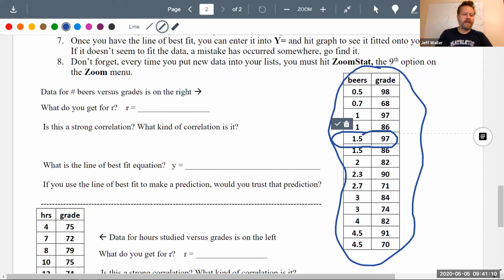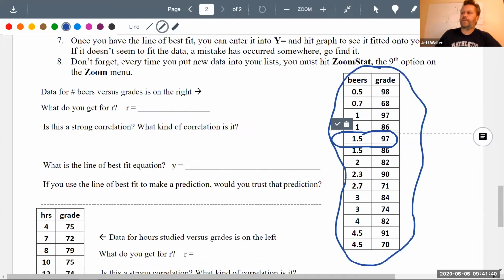So if I just hit that one, let me get that out of there so it doesn't freak anybody out. I get this. So if you hit zoom stat, and it should be the 9th option for us. It depends on what somebody has done with your calculator. If you just hit zoom 9, it'll find your data.